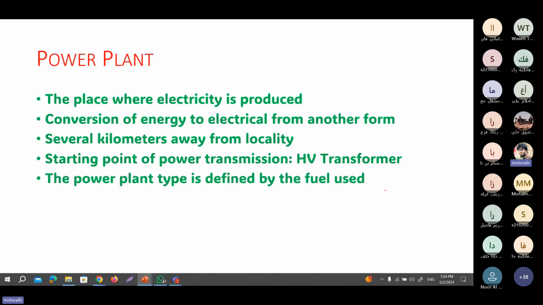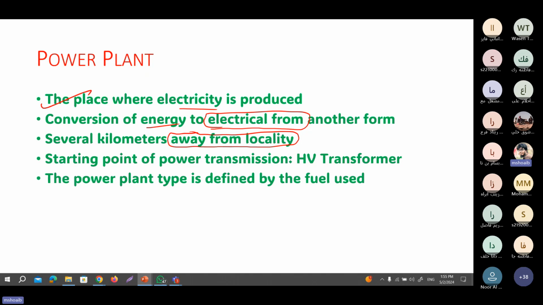Now, after knowing these different types of energy resources, we can know what a power plant is. The power plant, as you know, is a place where we generate electrical energy. It is a conversion of energy to electrical form from another form. Usually the power plants are away from the locality because they have a pollution effect, need a large amount of space, and hamper livelihood.